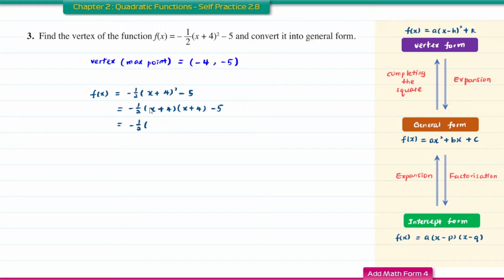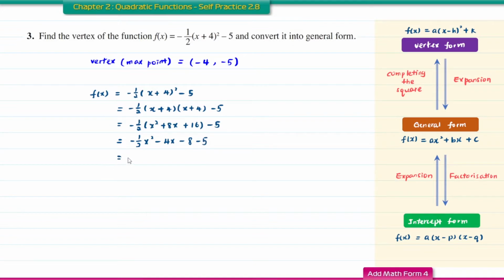So here you're going to have x squared plus 8x plus 16 minus 5. Next, we're going to multiply each of the terms here with negative 1 over 2. So you're going to have negative 1 over 2 x squared minus 4x minus 8 minus 5.